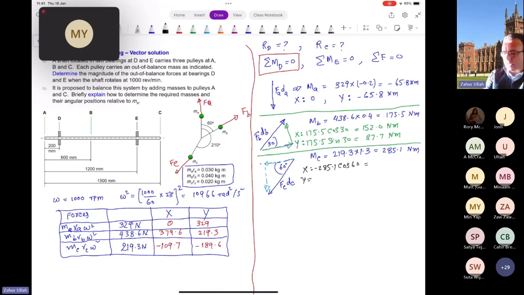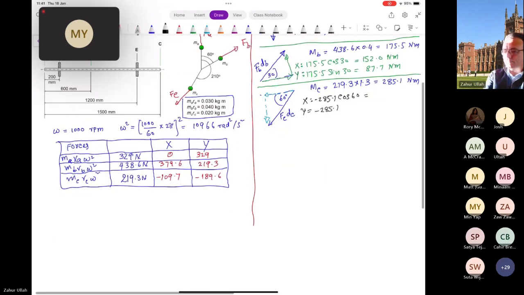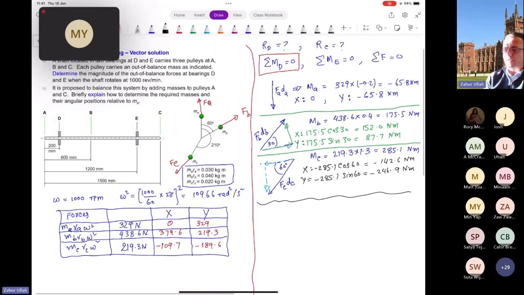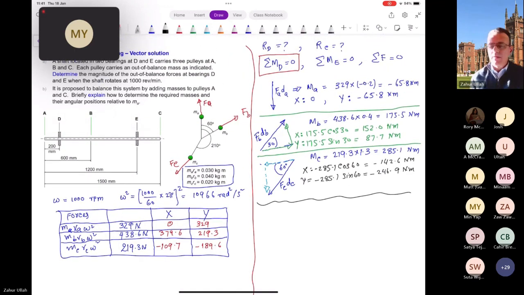And the Y component will be minus 285.1 sine 60. So if you do the calculation, this should be minus 142.6 Newton meter. And this will be 246.9 Newton meter. So we managed to calculate the X and Y component of all these moments.